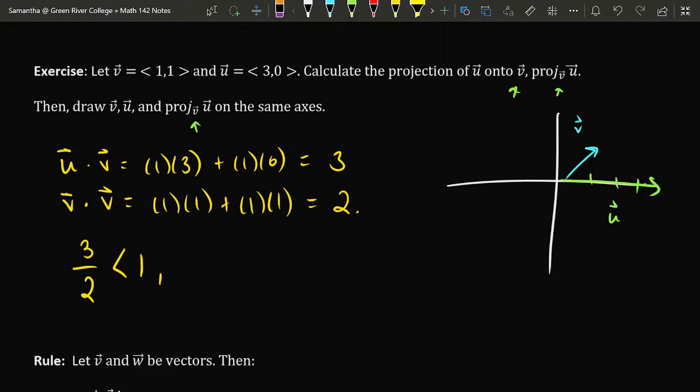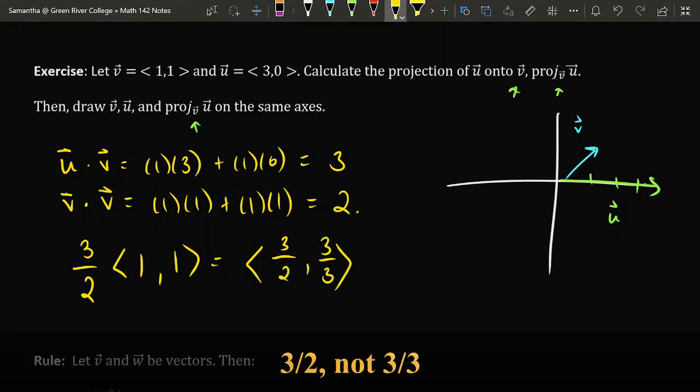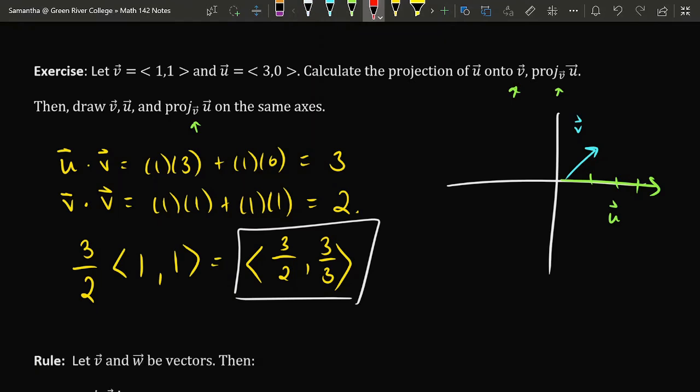I'm going to use it to scale the vector that I'm projecting onto. So this is equal to 3/2, 3/2 for both the x and y coordinates. This would be the projection of u onto the vector v. So in this case, the projection is, roughly speaking, right around here.